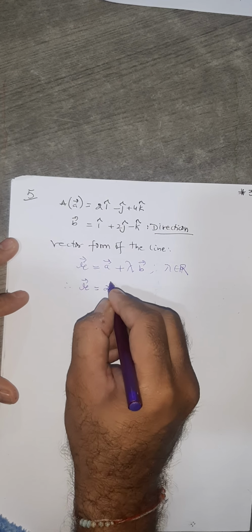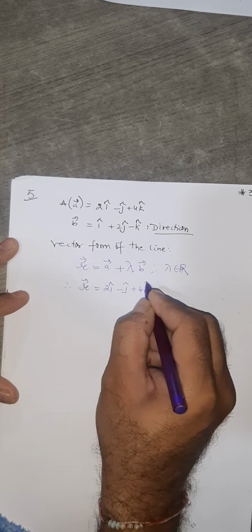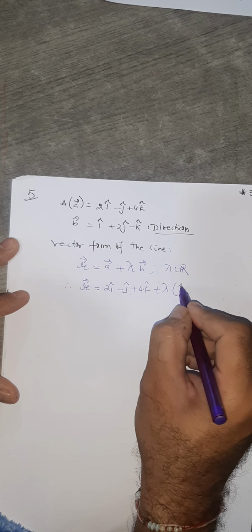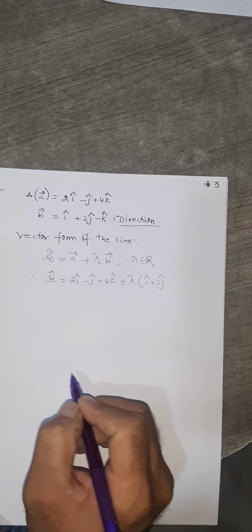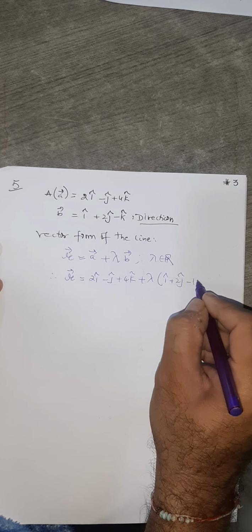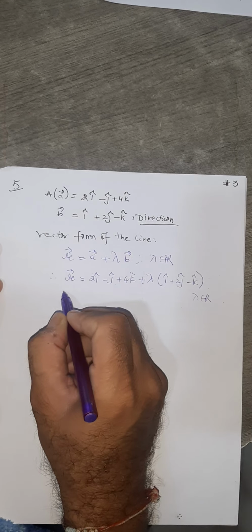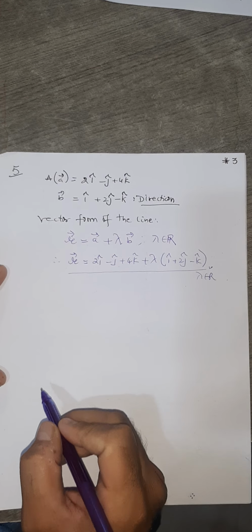That is nothing but 2i cap minus j cap plus 4k cap, plus lambda times vector b, which is i cap plus 2j cap minus k cap, where lambda is a scalar. That much only you need to do. So this is the vector form of the line.